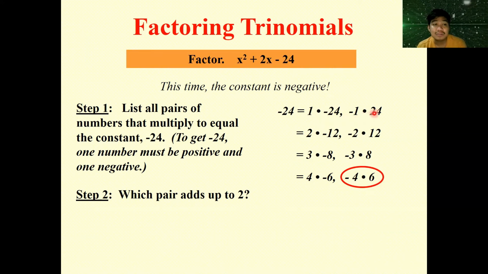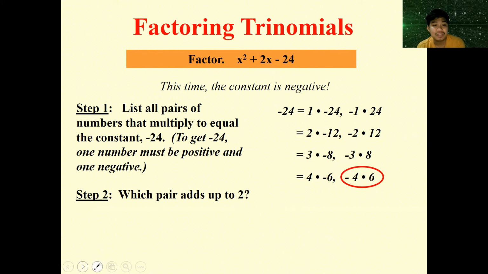So negative 1 and 24, 23. 2 and negative 12 is negative 10. Negative 2 and 12 is positive 10. 3 and negative 8 is negative 5. And negative 3 and 8 is positive 5. And we have 4 and negative 6 is negative 2. And finally, we have negative 4 and 6, which is equal to 2. So yun yung hinahanap natin.